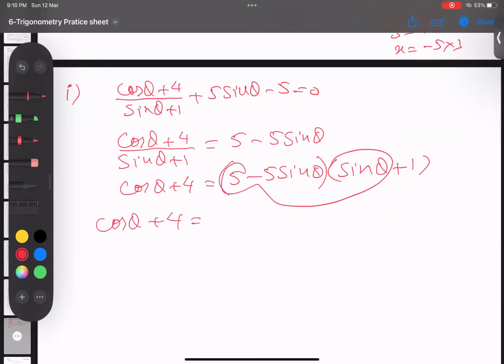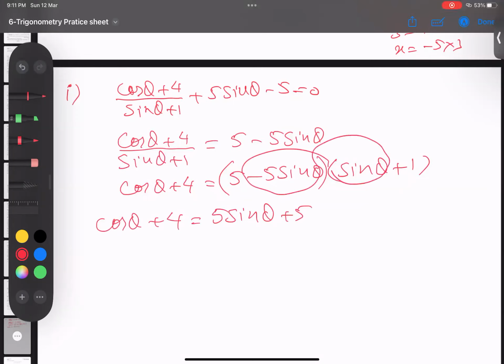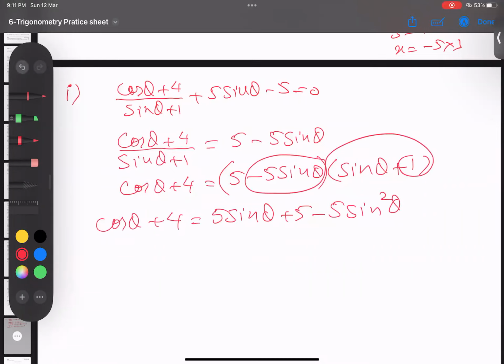Okay, 5 times this, I get 5 sine theta. 5 times this, I get 5. Minus 5 times sine, minus 5 sine becomes minus 5 sine square. And this into 1 will give minus 5 sine theta. And this will cancel, same values, opposite signs.